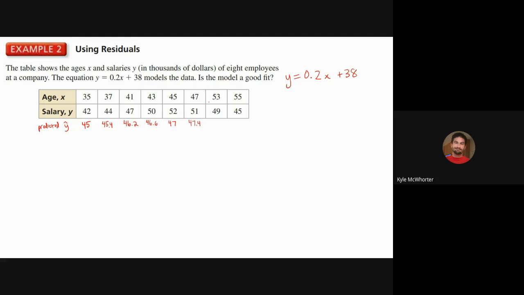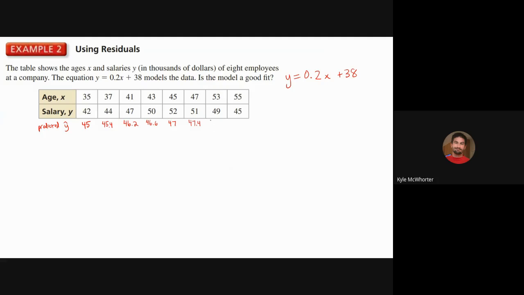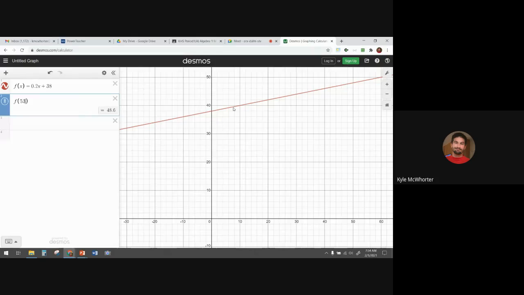Then 53. F of 53 is 48.6. And 55 is last. F of 55 is 49.